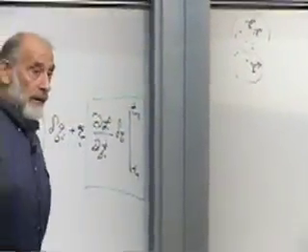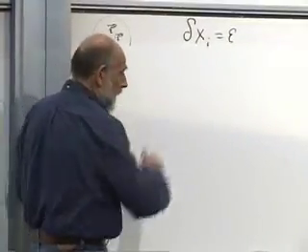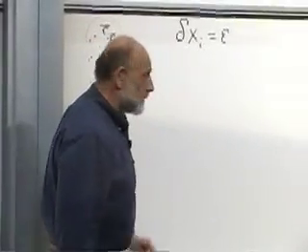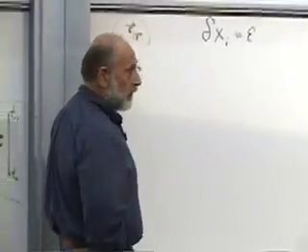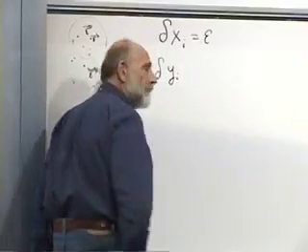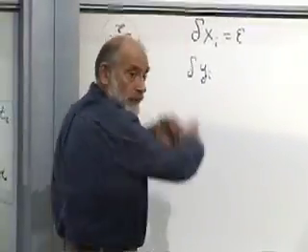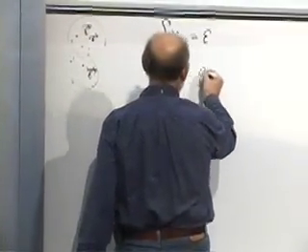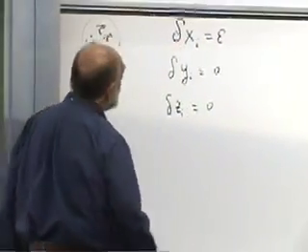And furthermore, it doesn't depend on where you are. You just translate by amount epsilon wherever you happen to be. Same amount, always the same. All right? What about, for this particular symmetry, delta y sub I? Zero. Of course, we may also have a symmetry for moving along the y-axis, but it would be a different symmetry. So for this symmetry it is zero, and delta z sub I is also equal to zero.